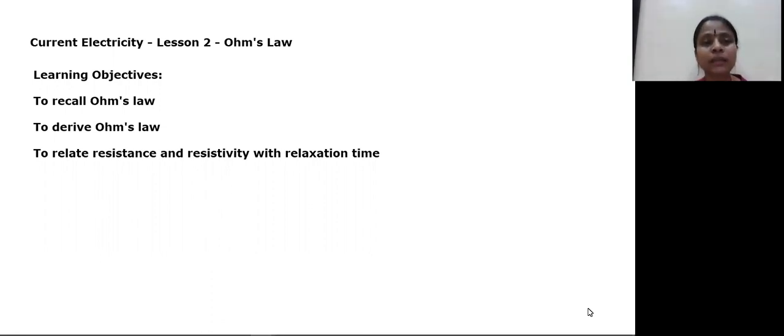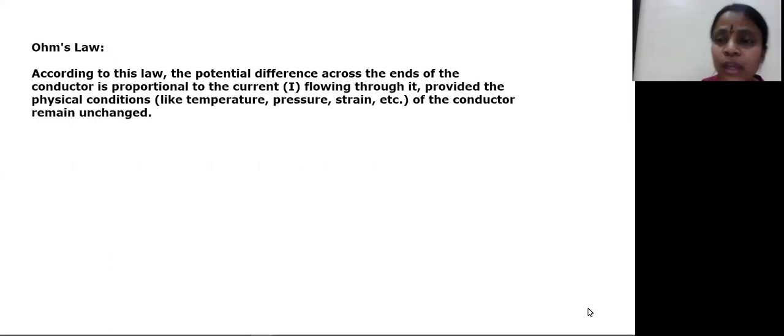Okay, so let's begin with our first part, that is to recall Ohm's law and then hence to derive Ohm's law. So if you look at Ohm's law, which you have studied in your lower classes, the potential difference across the ends of the conductor is proportional to the current flowing through it. So that's what we are going to say.